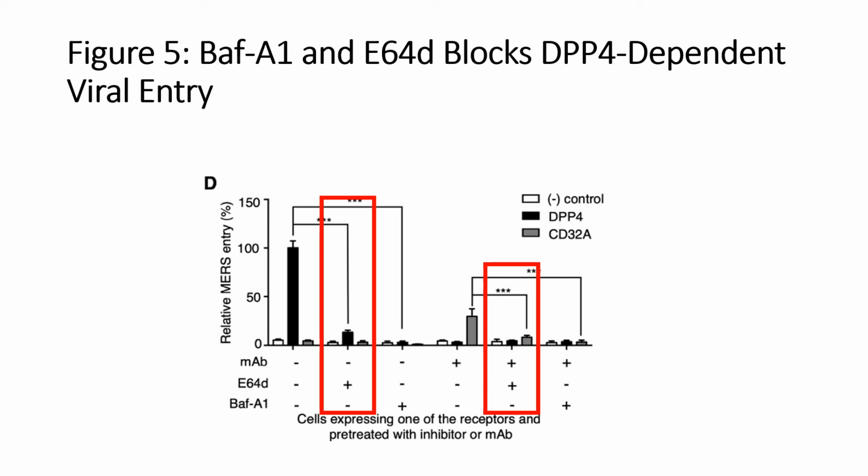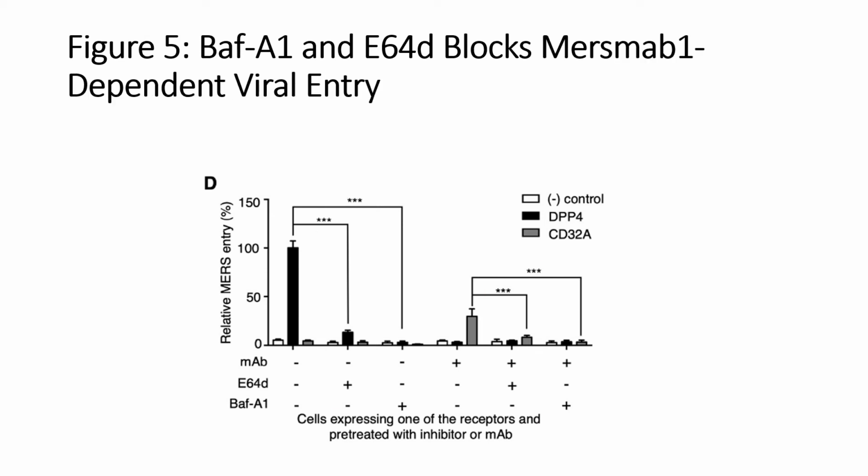So both lysosomal protease inhibitors blocked the DPP4 dependent viral entry pathway, as we can see comparing it to that first dark black bar. And then looking at the figure as a whole, we see that the lysosomal protease inhibitors also block the MERS antibody 1 dependent viral entry pathway. So the results suggest that the lysosomal proteases play important roles in the MERS monoclonal antibody dependent MERS-CoV entry.